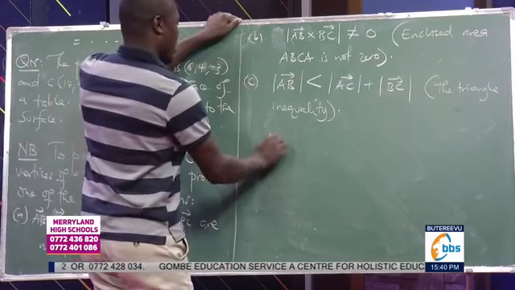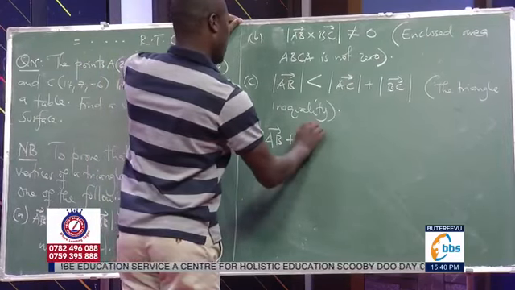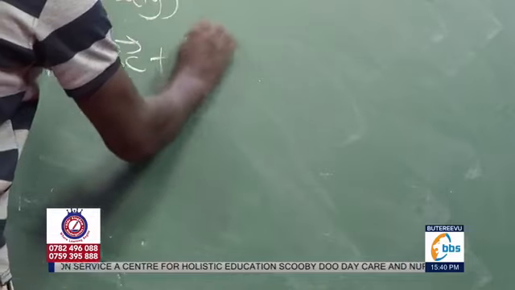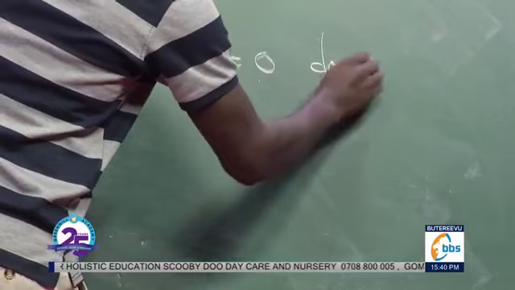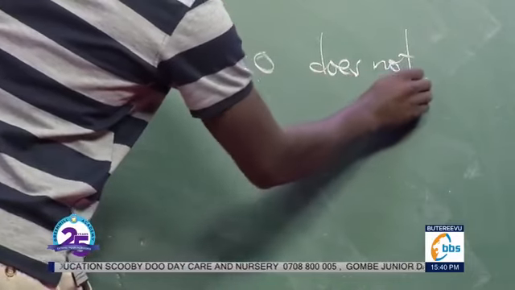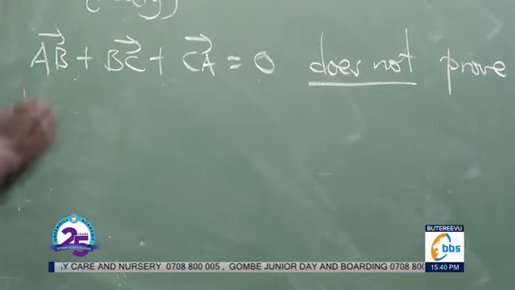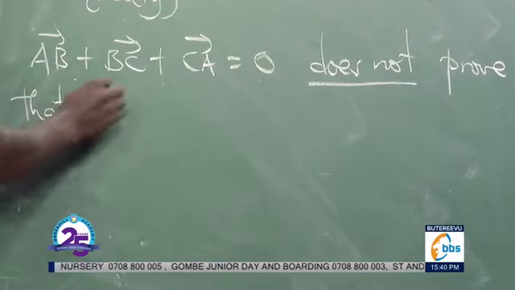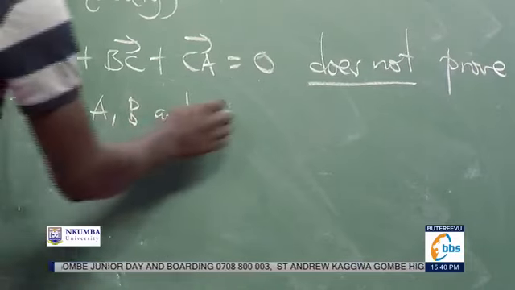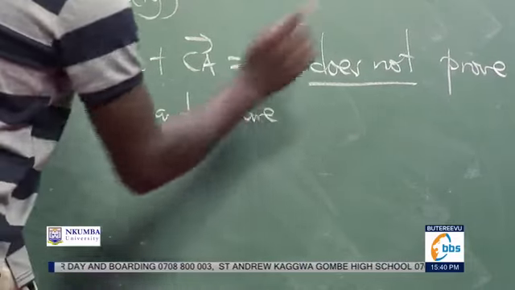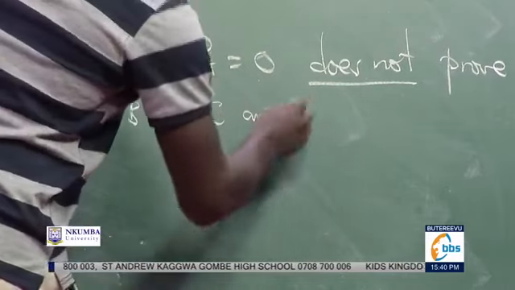AB plus BC plus CA equals 0 does not prove that A, B, and C are affine independent, or are vertices of a triangle.